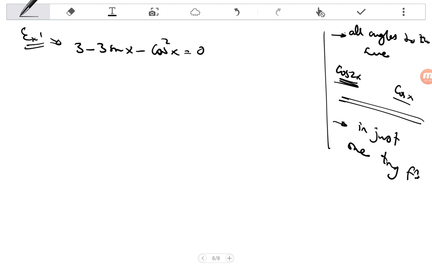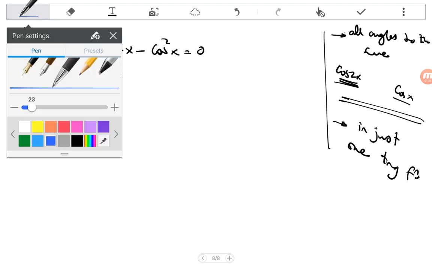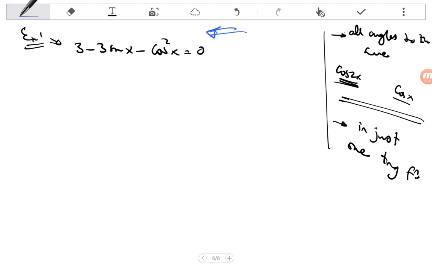A case like this doesn't satisfy the second condition. Yes, all the angles are the same, all are x. But what about the second condition, that we need all the functions to be the same? We need all of them either in terms of cosine x or all of them sine x.